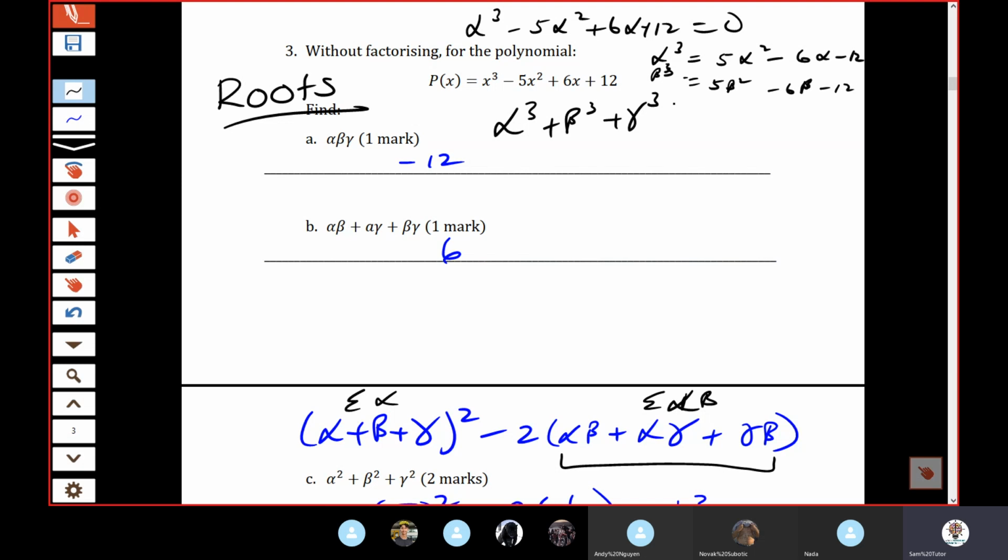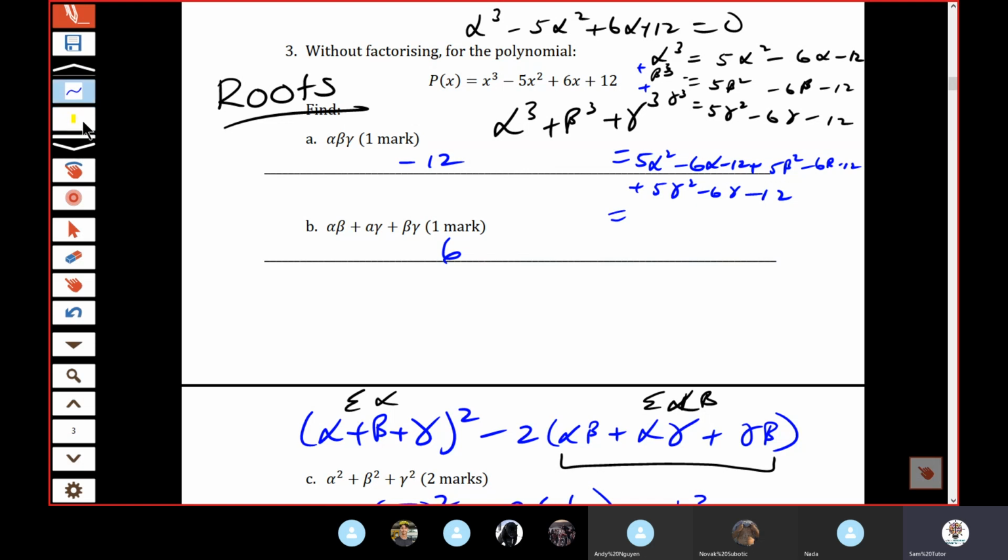Can't I also say gamma cubed is 5 gamma squared minus 6 gamma minus 12? What did I need? I needed alpha cubed plus beta cubed plus gamma cubed. Can't I just say that becomes 5 alpha squared minus 6 alpha minus 12 plus 5 beta squared minus 6 beta minus 12 plus 5 gamma squared minus 6 gamma minus 12?